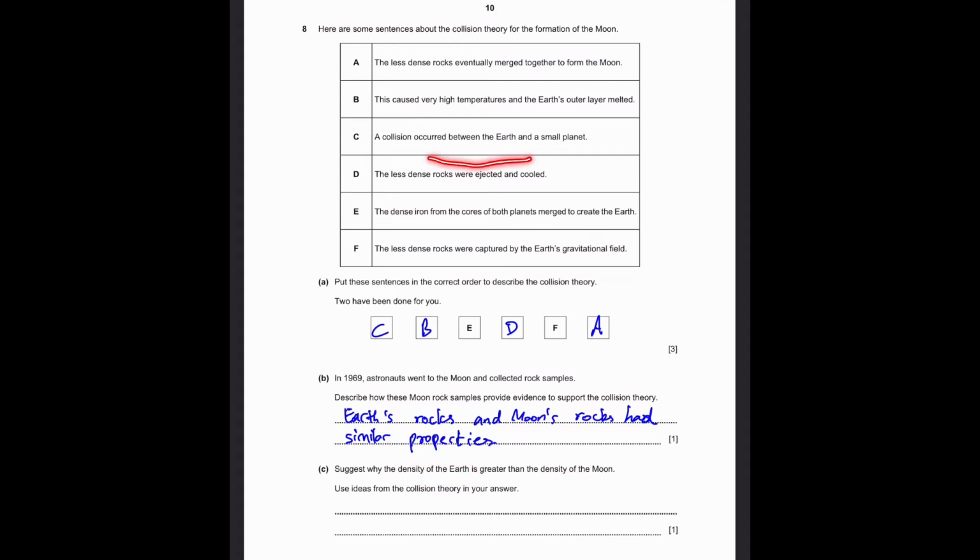And the less dense rocks are those which are ejected and cooled and eventually formed the Moon. So we can say that dense iron from both planets merged to create the Earth.